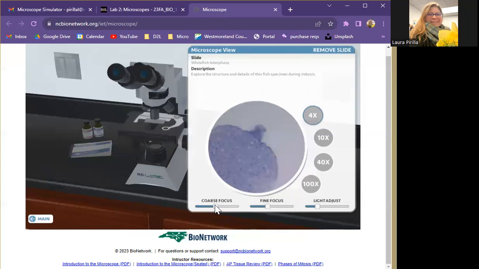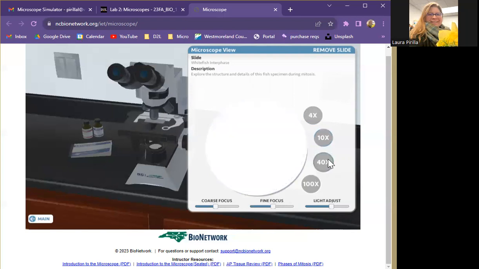And it says white fish, so I'm thinking that that's like cod or haddock, perhaps. The 10x. Turn the light up. And now, because I'm on the 10x, you notice I'm not going to touch that coarse focus again. I'm just going to do the fine until it looks real sharp. Honestly, it was fine before, but.